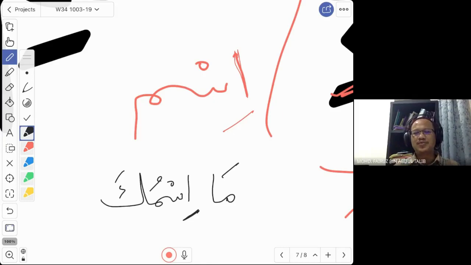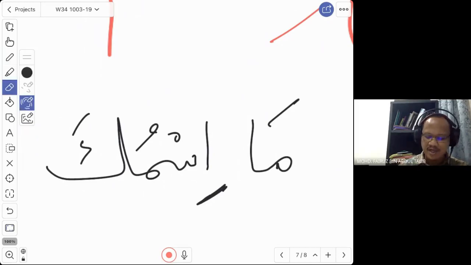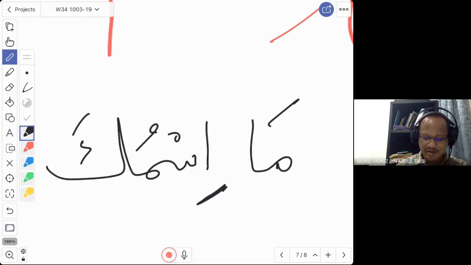Then you will read ma ismuka, because the word is ismuka. But now you understand that this alif is the alif without hamza, and this is in the middle of a sentence. So the rule says that if this alif is in the middle of a sentence, do you read this hamza or do we skip this hamza?